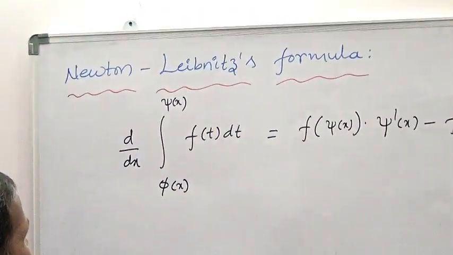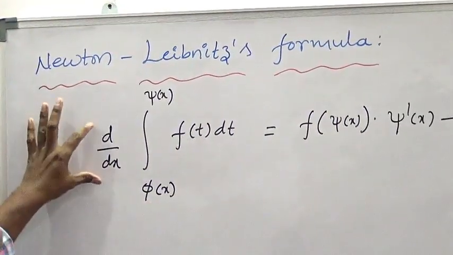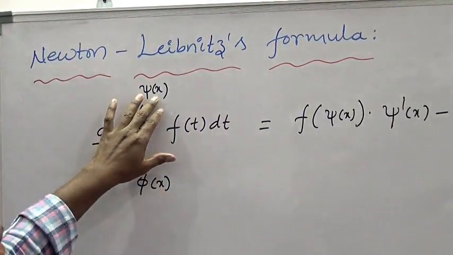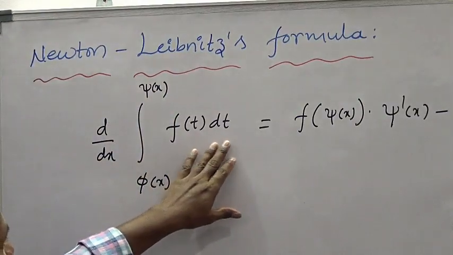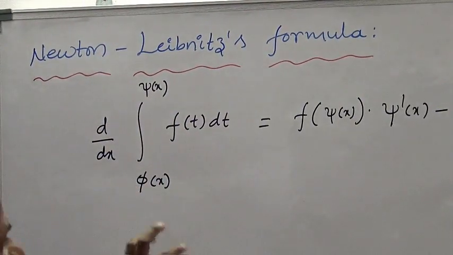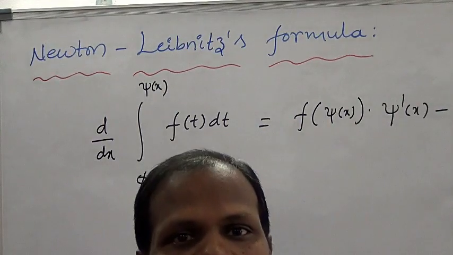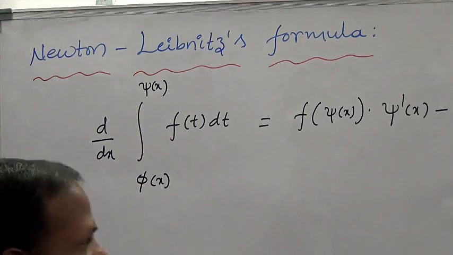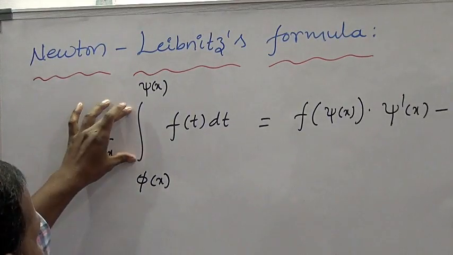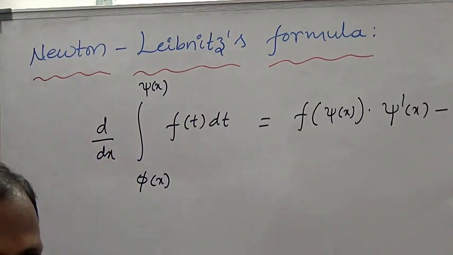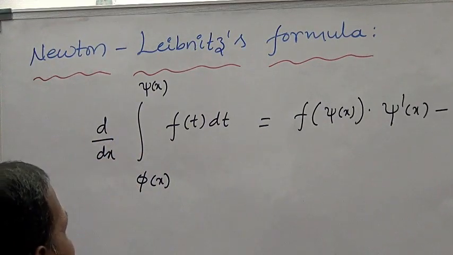Now see what this form is: d by dx of integral from phi of x to psi of x f of t dt equal to, see, integration is the reverse process of differentiation. So just remember that differentiation and integration both cancel each other. Just keep it in mind.